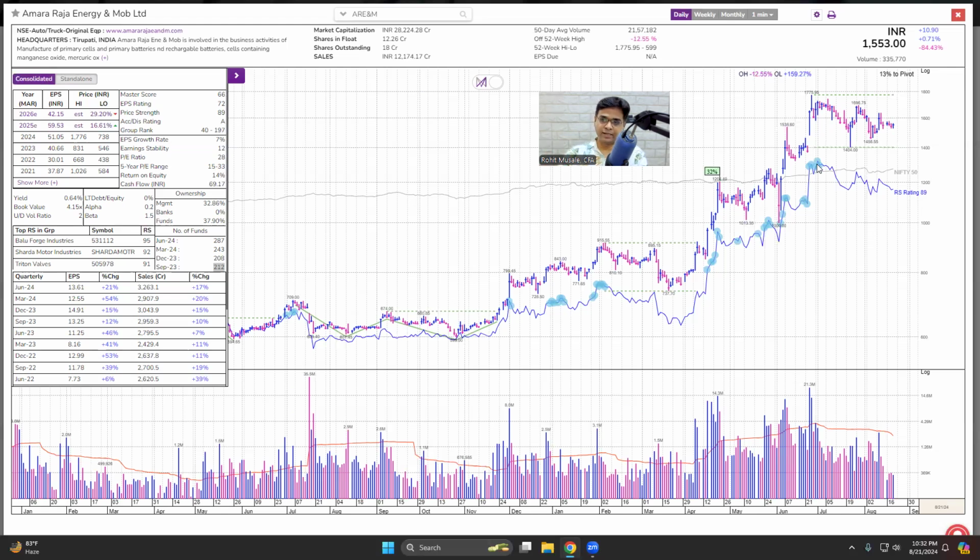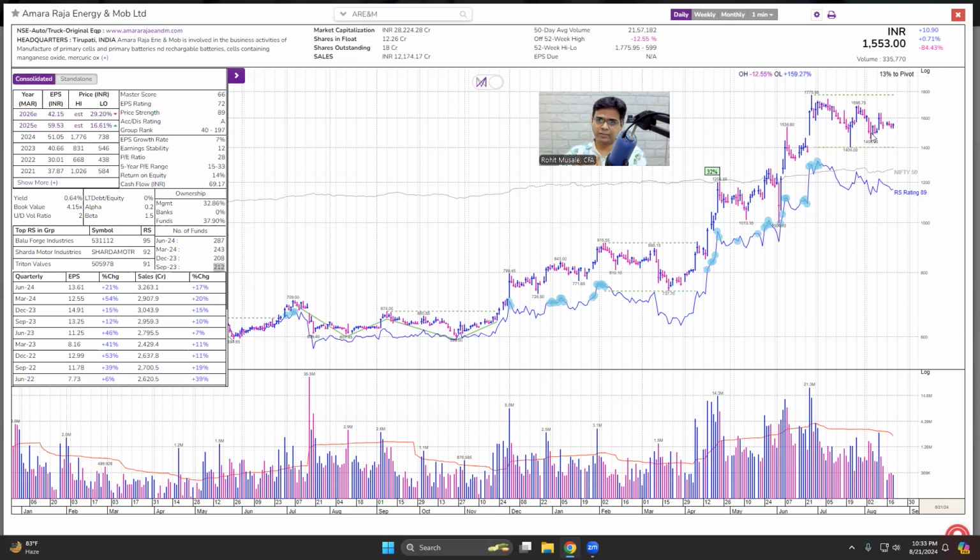One positive sign that I see here is the volume is extremely low compared to the average daily volume. And this is what you would ideally like to see in a stock that is under accumulation. So this stock is definitely under accumulation, but I don't see a base which is convincing enough for me to buy.